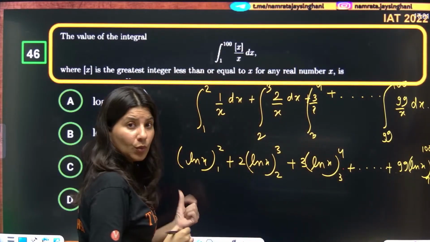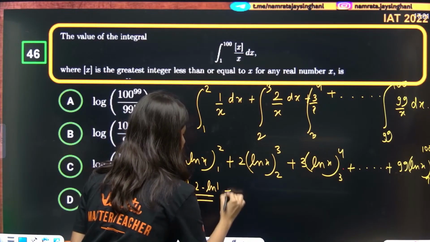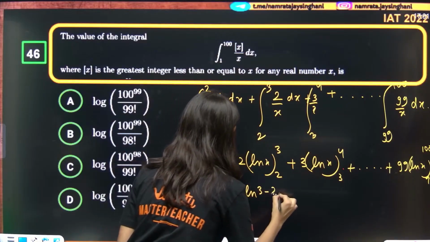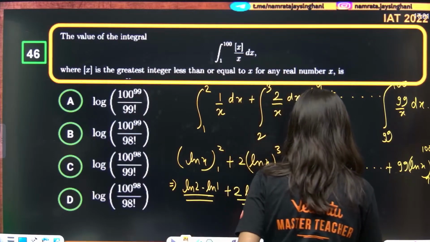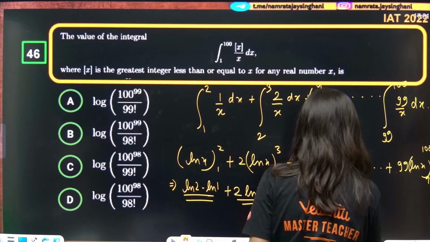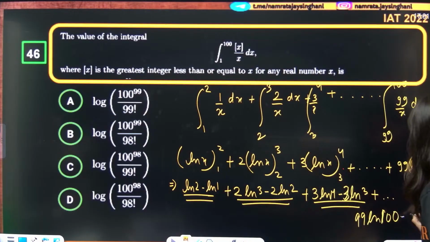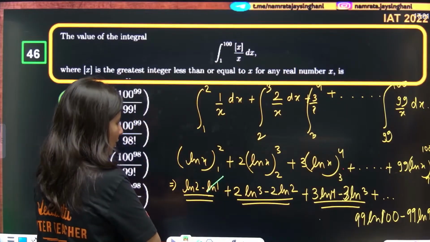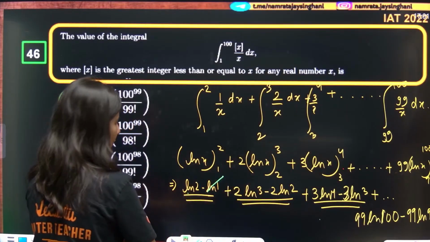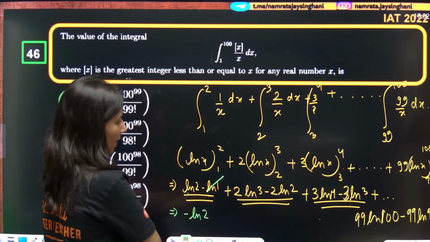Okay, so ln 2 minus ln 1, plus 2 ln 3 minus 2 ln 2, plus 3 ln 4 minus 3 ln 3, and all the way up to 99 ln 100 minus 99 ln 99. Now let's start understanding. Log 1 is anyway 0, so log 2 minus 2 log 2, we are going to get minus log 2. 2 log 3 minus log 3.